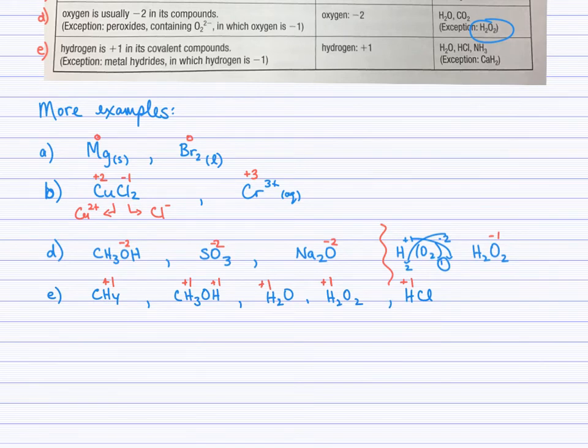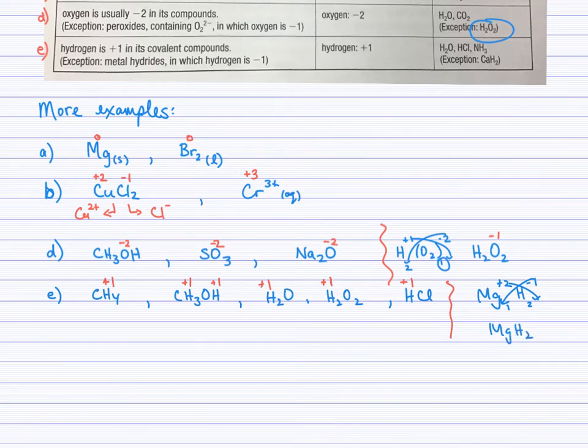There is an exception, and the only time hydrogen does not have that +1 oxidation number when it's in a compound is in the case of a metal hydride. So for example, magnesium hydride, which happens, that ion forms when the hydrogen atom gains 1 electron to become stable. We cross our charges down and we'll have MgH2.